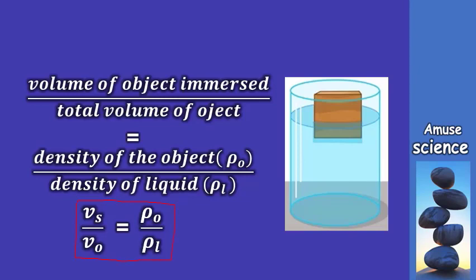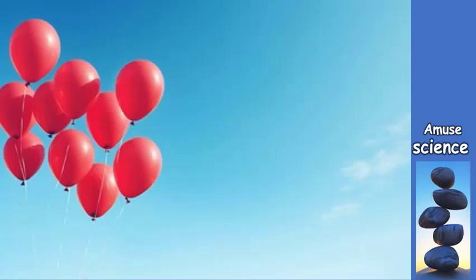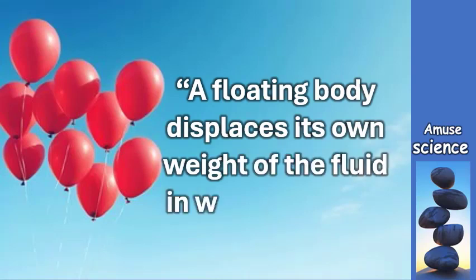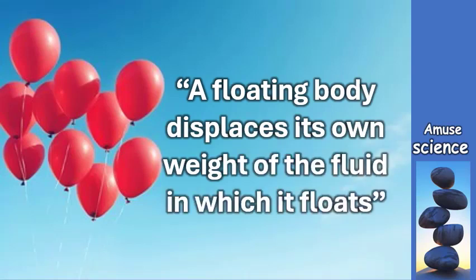Now we are going to condense all that we have said so far into one single sentence, and this single sentence is called the law of flotation. So what does the law of flotation state? The law of flotation states that a floating body displaces its own weight of the fluid in which it floats.